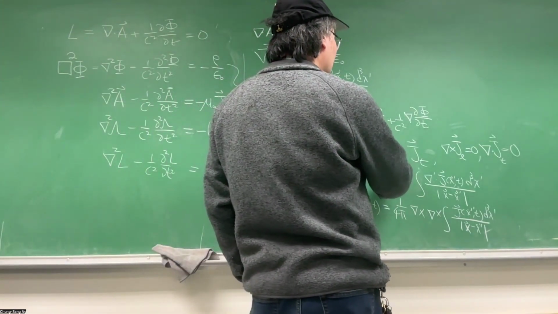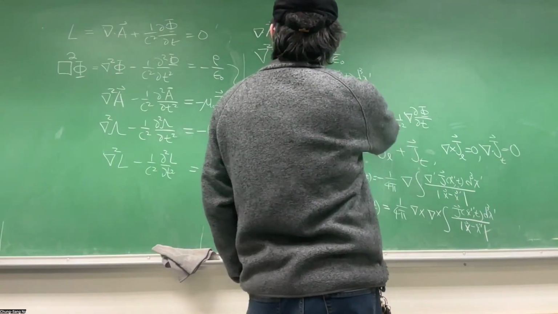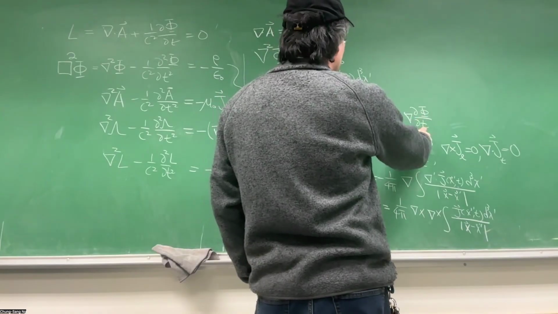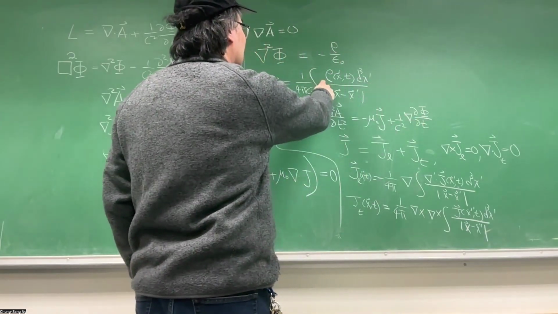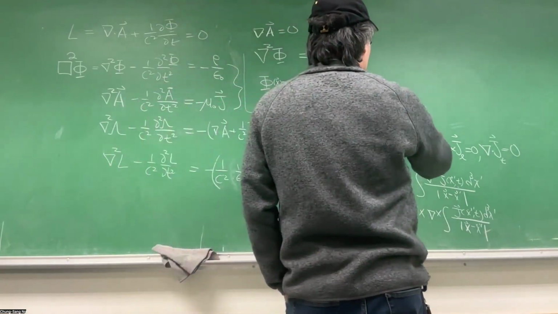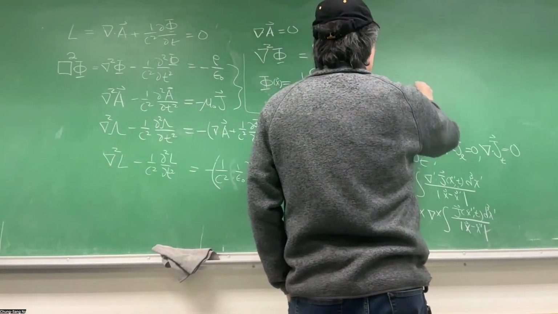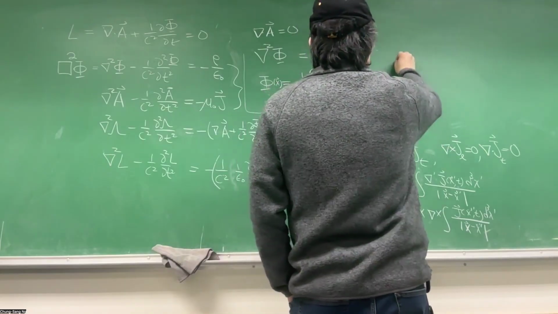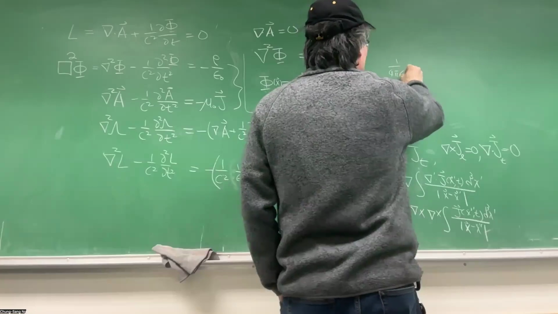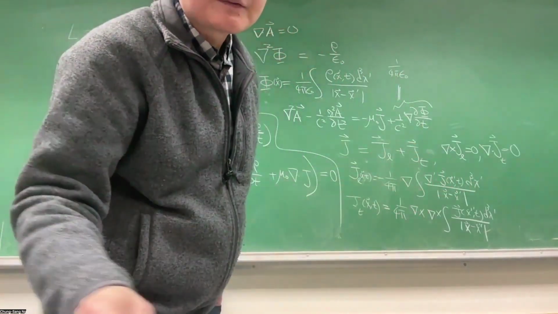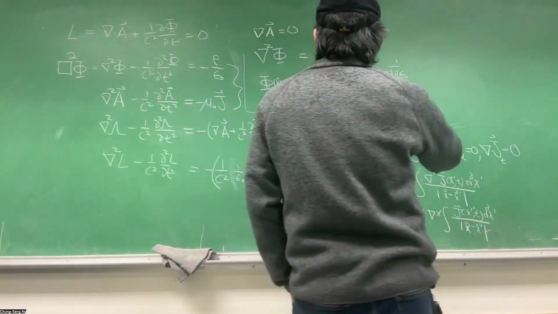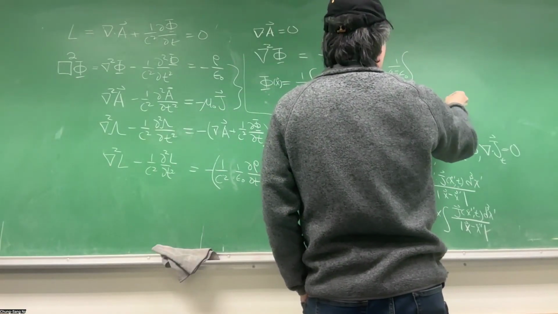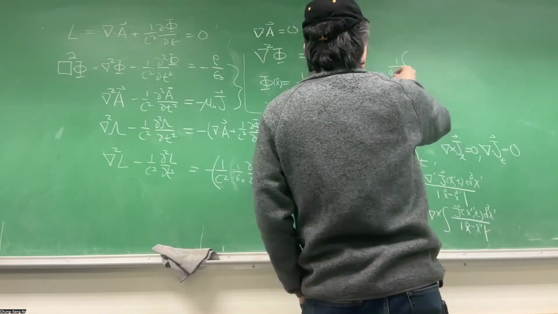All right, then the final step is using this equation. There's a gradient of the scalar potential phi. You can take the time derivative inside. Just consider this term, which is 4 pi epsilon 0, and then take the time derivative, and a c squared.